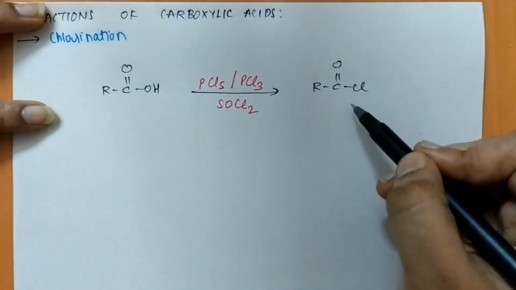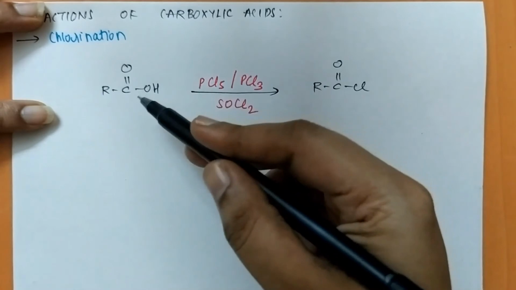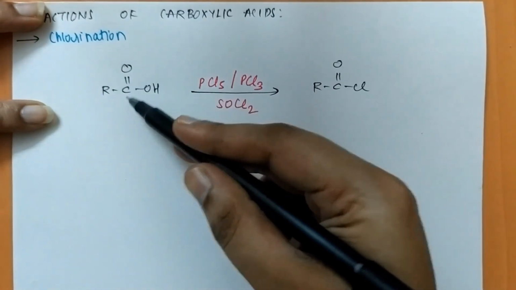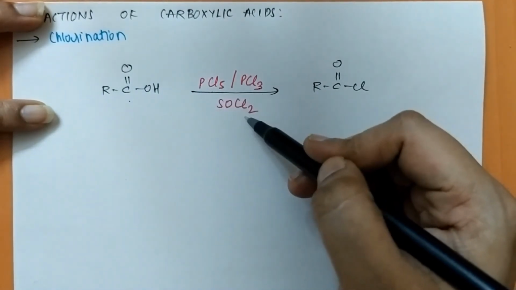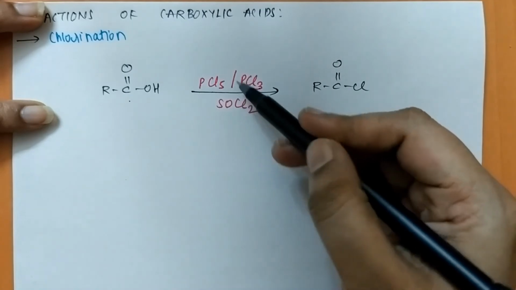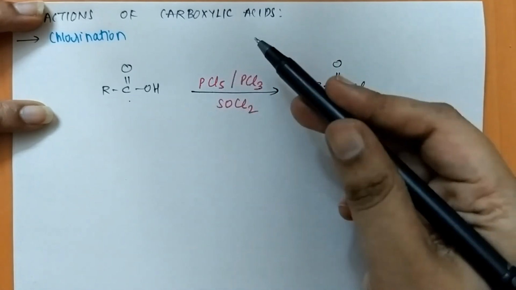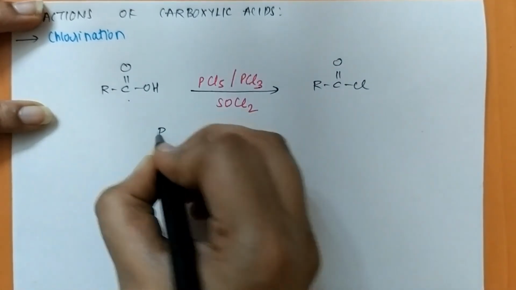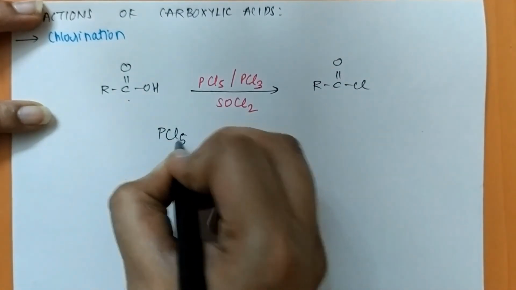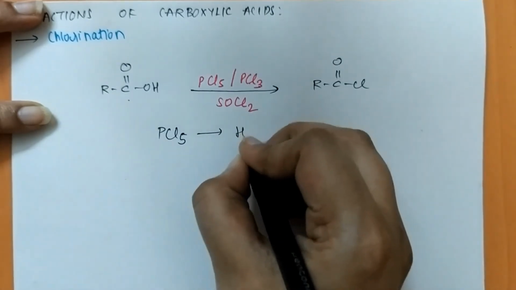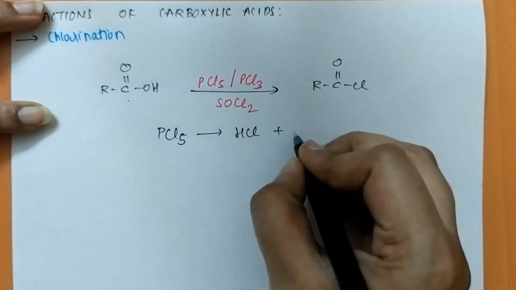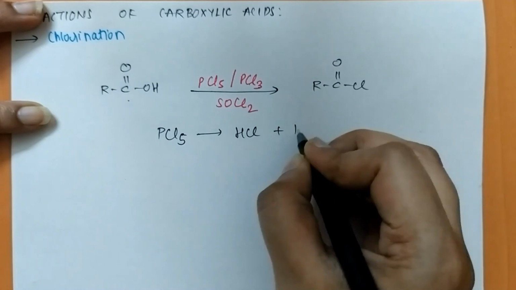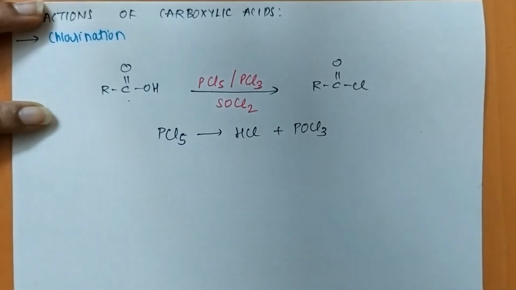Now this acyl chloride is formed by the reaction of carboxylic acid with PCl5, PCl3 or SOCl2. Now if you see, depending on the reagent, the byproducts which are formed are different. So if the carboxylic acid reacts with PCl5, then the byproducts which are formed will be HCl and POCl3.